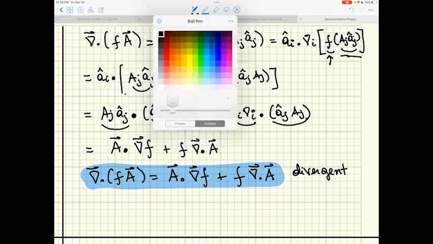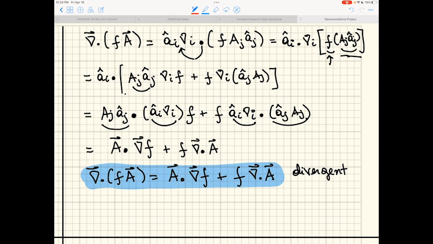Okay, so what we're going to do is follow the same steps. Curl of FA equals a_i nabla_i curl of FA_j, which is equal to, I put this symbol here, right, instead of this one. Then what we're going to have is, let me erase this symbol here and put the other one, a_i cross, okay?